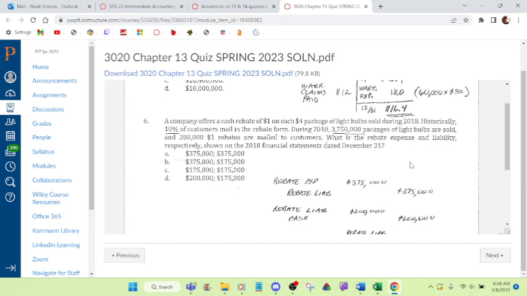So they sold this many in the year. 10% of that is 375,000 packages, and they're going to pay $1 for each of them. So the $4 is irrelevant somehow.